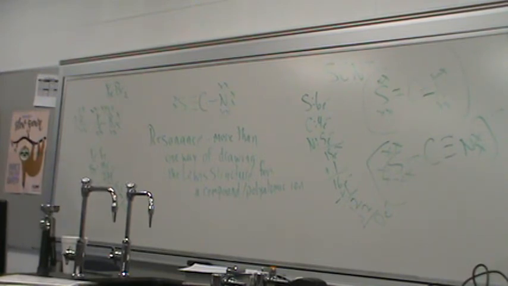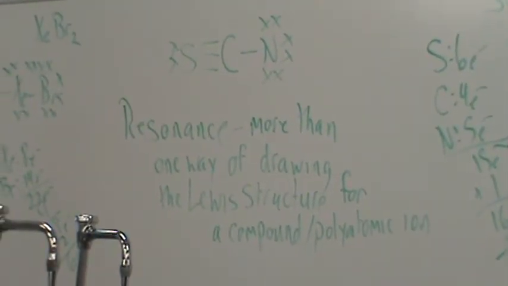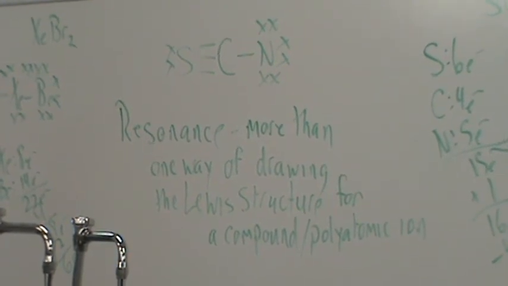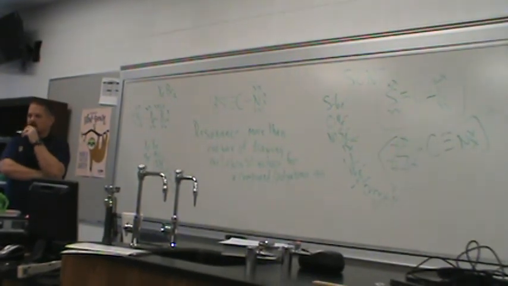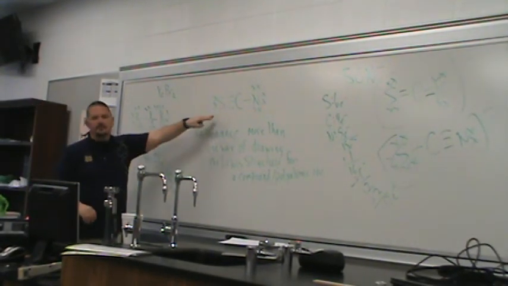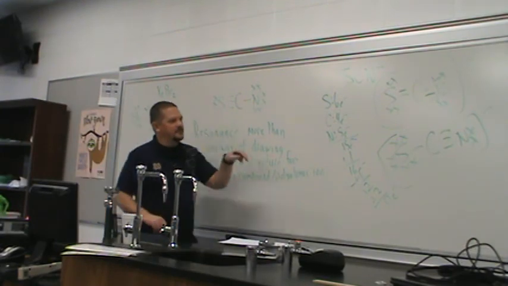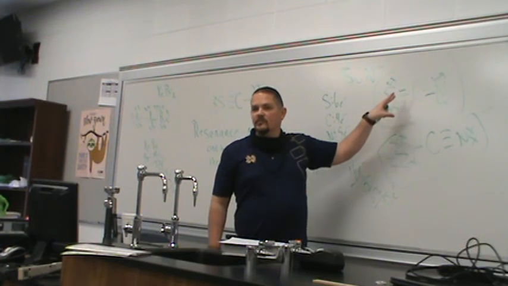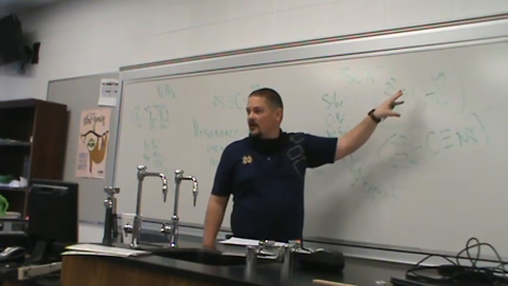With these 3 different ways of drawing our polyatomic ion up here, one happens more often than the other 2. Now in here we're not going to really worry about which one is the more prominent one. But with this one I always try to see if anyone comes up with this structure or this structure. Because a lot of times people come up with this one, which like I said is fine.